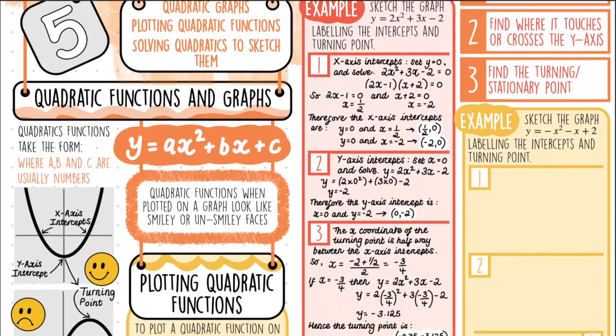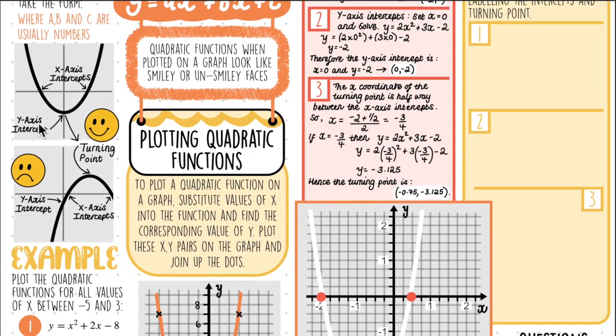And I'll explain what all of those are using these little charts again. The x-axis intercepts are the points at which the quadratic function crosses the x-axis, these points here, i.e. it's the point at which y is equal to 0. Remember, the x-axis line here goes through the point at which y is equal to 0. Similarly, the y-axis intercept is the point at which the quadratic function crosses the y-axis.